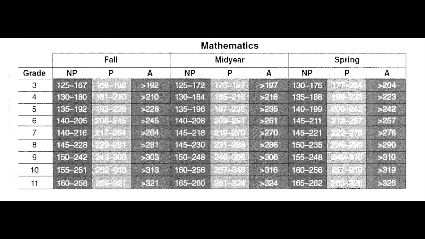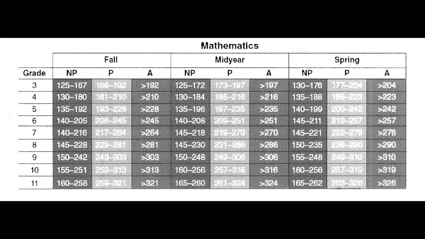You'll notice that for reading, mathematics, science, social studies, written expression, and grade level, there is a breakdown from grade 3 to grade 11. NP means that the student within that score level was not proficient. P means that the students who received that score level were proficient, and A means that the students above that point level were considered advanced.